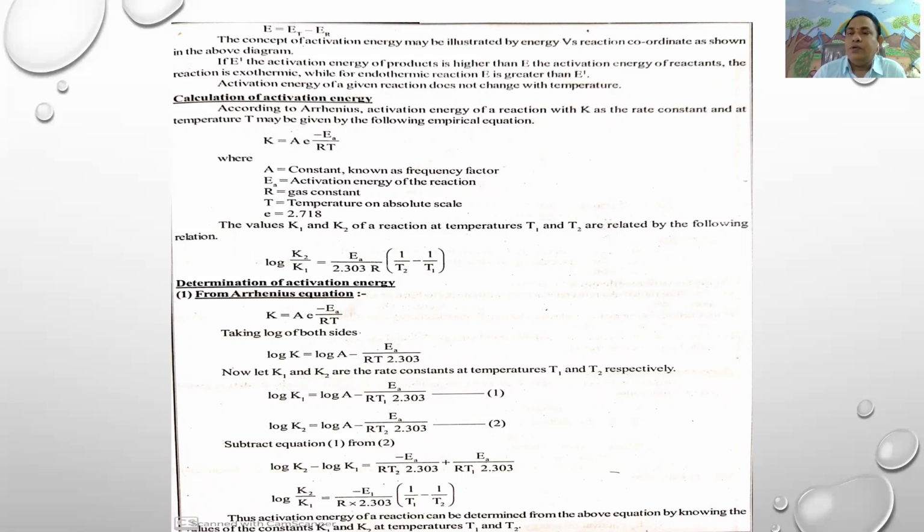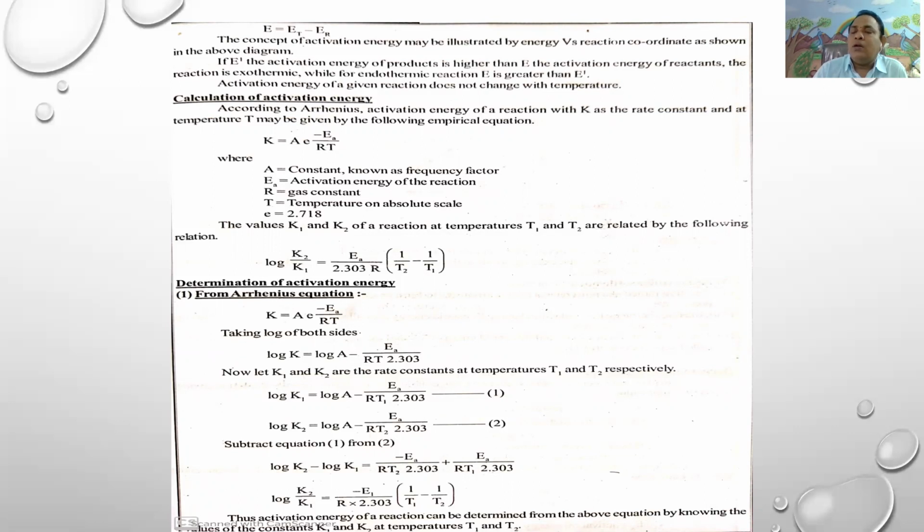Similarly, for the second half-life time, the initial concentration of reactants is 50%. Among the 50, again 50% means 25% is converted into products, which means we obtain 75% of the products at the time the concentration of reactants is 25.